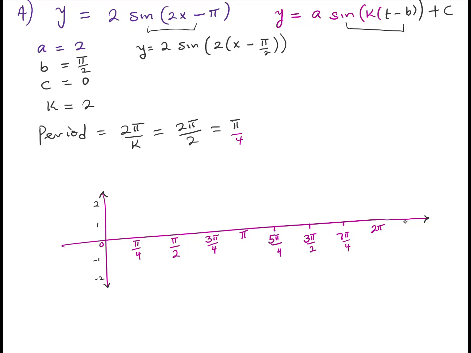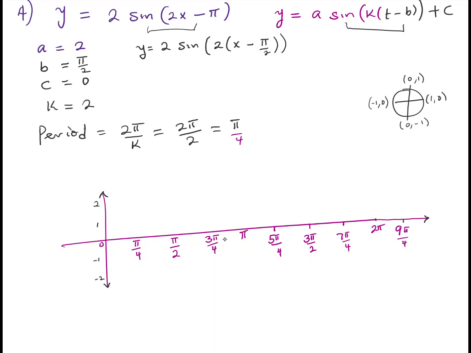We have here 9 pi by 4, and so on. So let us sketch our graph now, still doing the same thing. 1, 0, 0, 1, -1, 0, and 0, -1. All right.